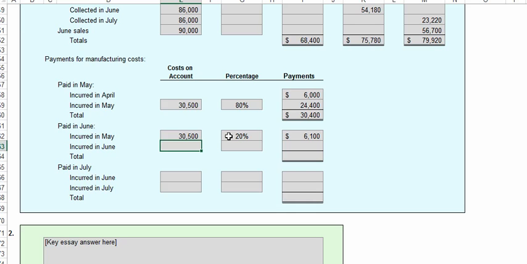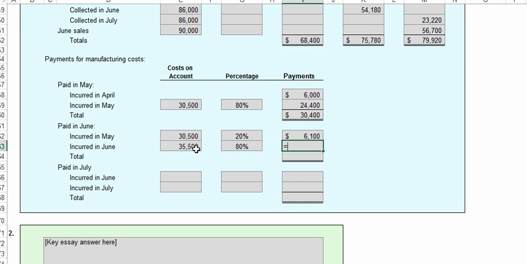Okay, then June manufacturing costs were $39,000 minus the $3,500 for depreciation, property tax, and insurance that either gets paid in another month or requires no cash outlay. 80% of that number will get paid in June.